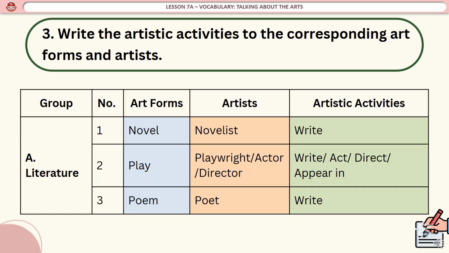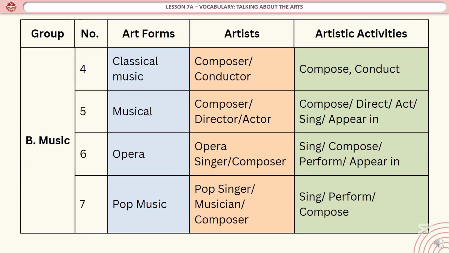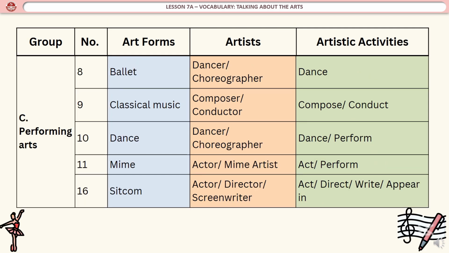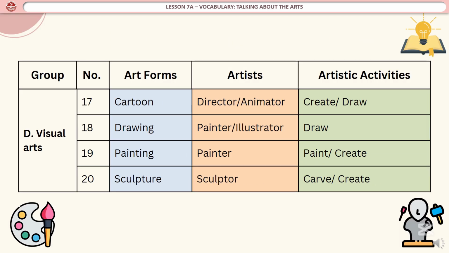Group A, Literature. B, Music. C, Performing Arts. D, Visual Arts. Through the activity number 1, 2, and 3, you have known some art forms and the corresponding artists and artistic activities so far. That's really good.